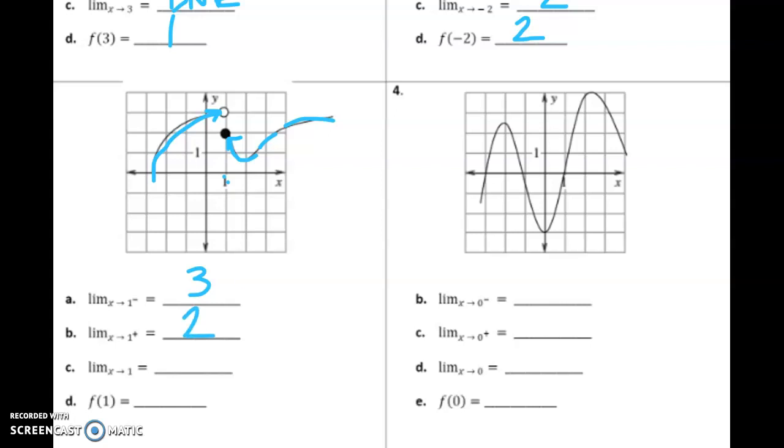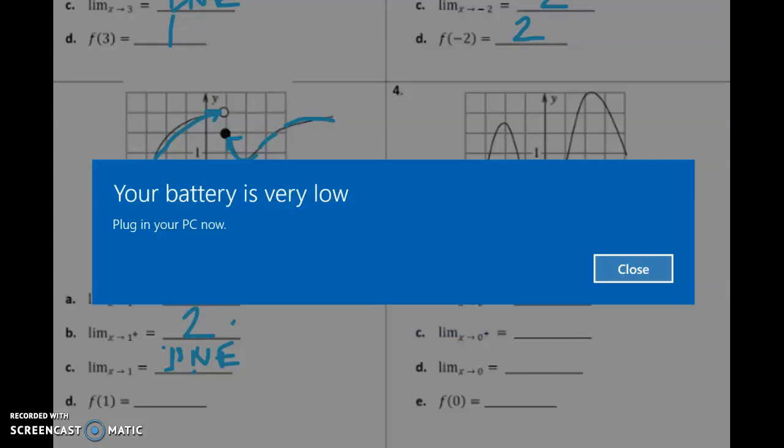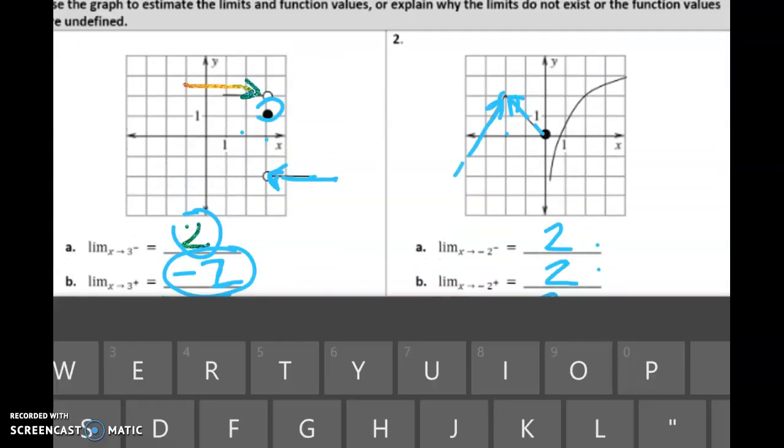Being that my right-handed limit and my left-handed limit do not agree, then the limit as x approaches 1 does not exist.